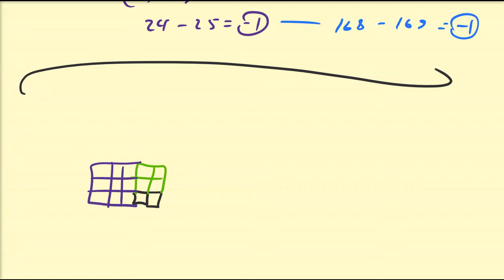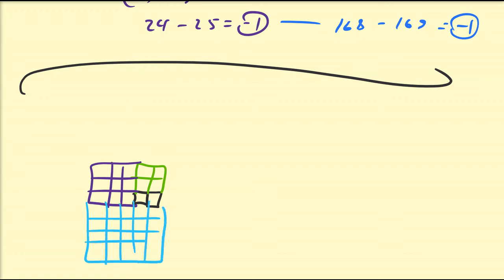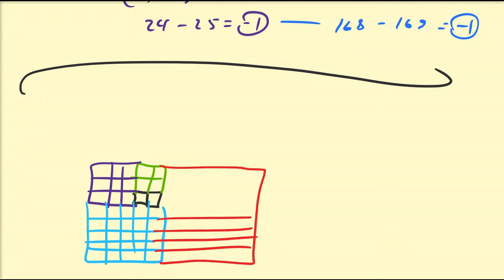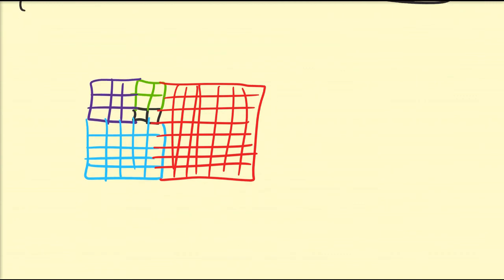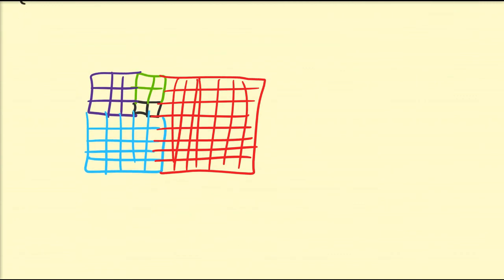So F5 is going to be a 5 by 5, right? And then the next one is going to be our 8 by 8. So we're pretty much looking at areas here, right? So how can I view this in terms of the area?